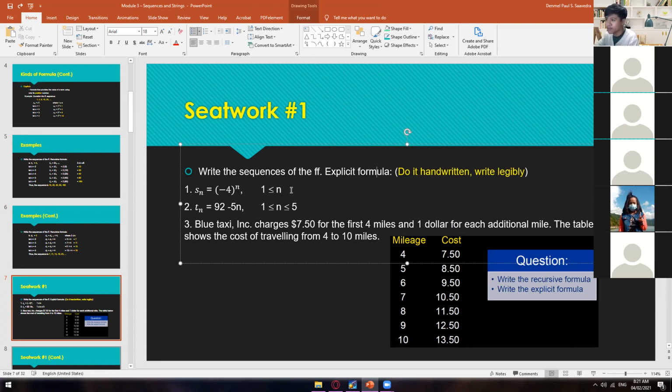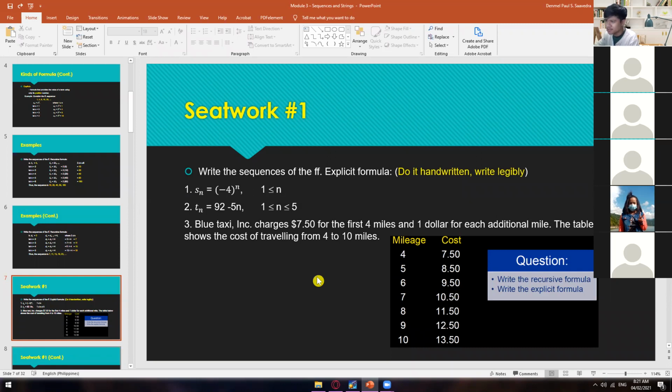We have number 1 and then number 2. And then for number 3, we have this one: blue taxi, and so on. This is the mileage, and this is the cost. We have 2 questions here. Write the recursive formula for this one, and then write the explicit formula for this one also.